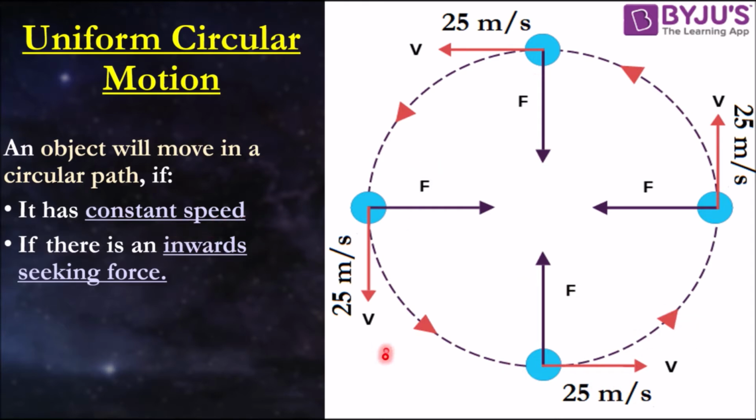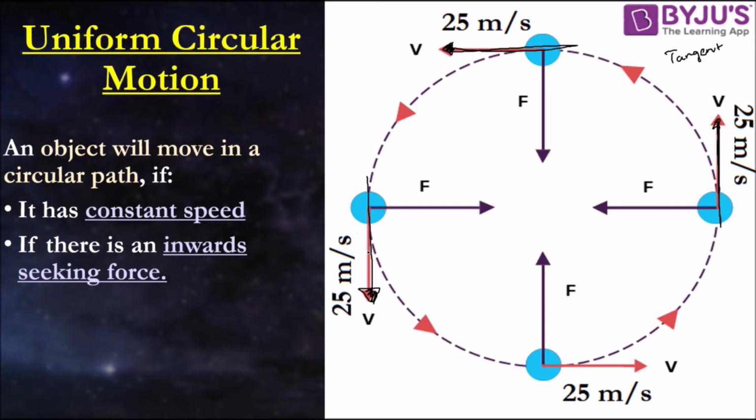However, the direction of the motion is always a tangent to the circle. So don't forget the golden word, tangent, meaning drawing a straight line on the curvature of the circle at any point. That is the motion of the object.